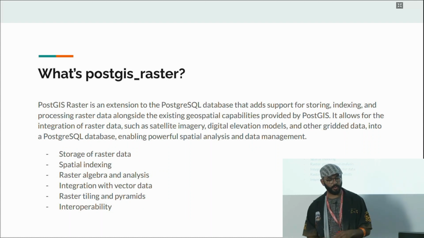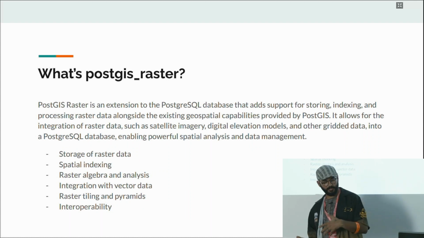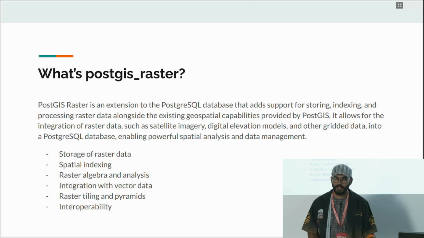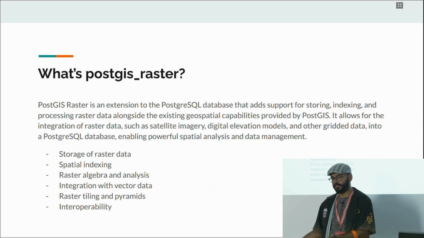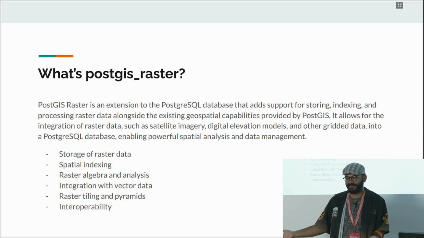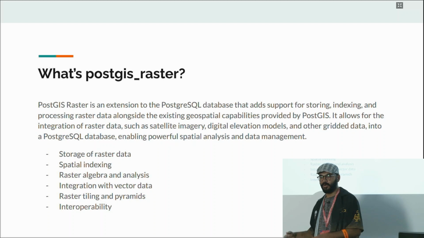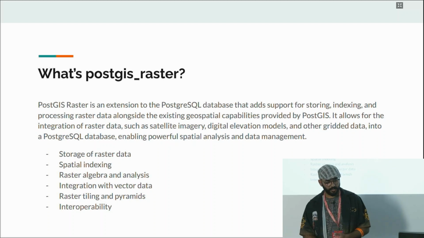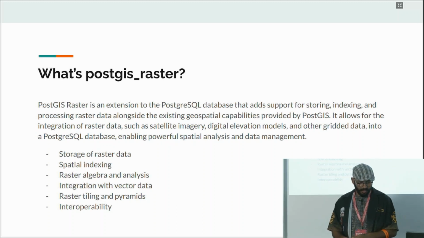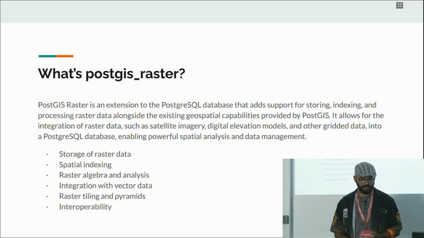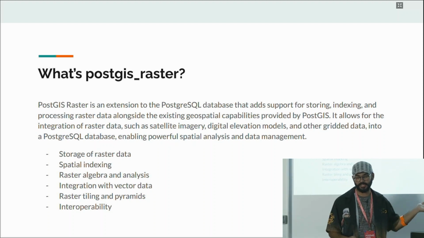PostGIS raster. In the context of Postgres, you also have an extension called PostGIS to handle your geospatial data. Since this is a FOSS4G conference, I'm sure all of you know what PostGIS is. PostGIS raster is there for handling all your raster data inside Postgres: storing and indexing raster data along with the geospatial capabilities provided by PostGIS.